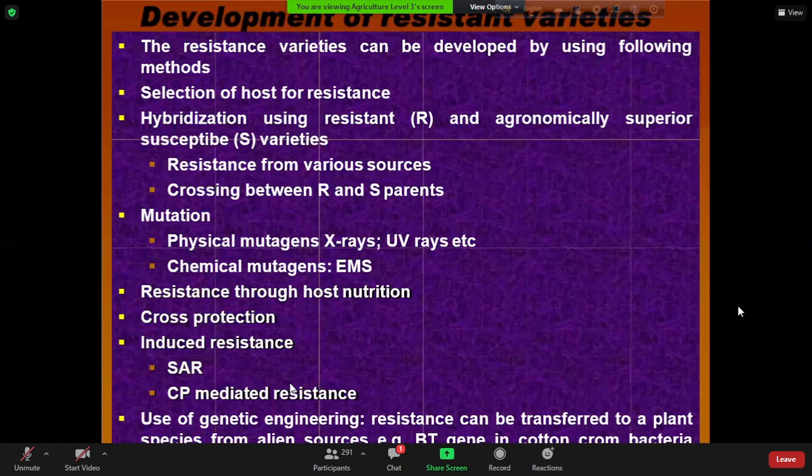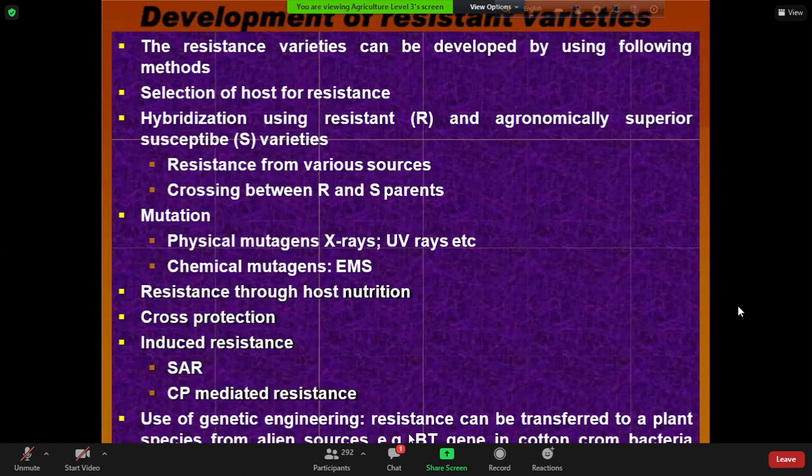And sometimes we can transfer the resistant genes from an alien species. For example, the Bt gene is transferred from the bacterium Bacillus thuringiensis to cotton, for example, or to brinjal. As a result, that brinjal or cotton becomes resistant to the shoot and fruit borer.